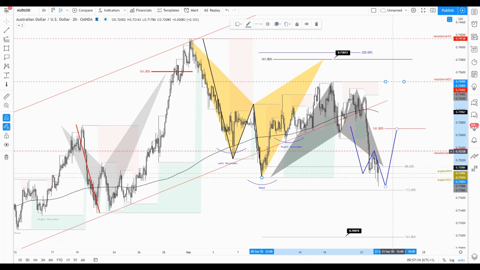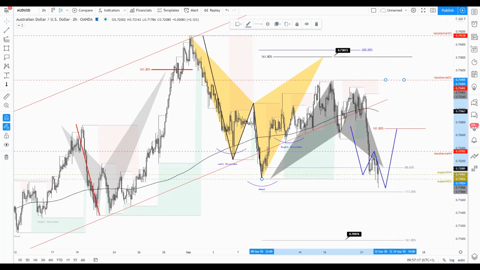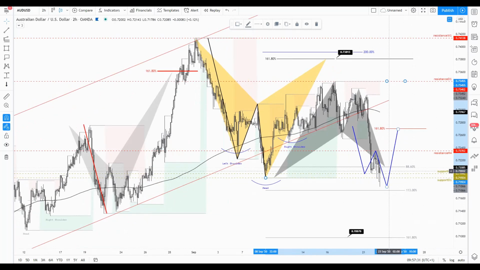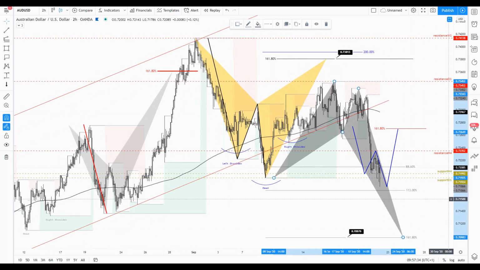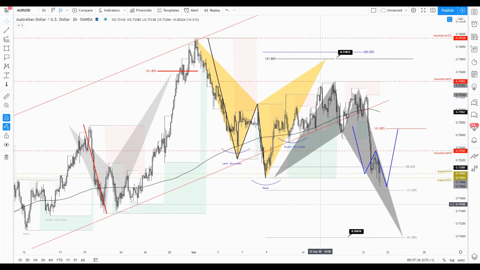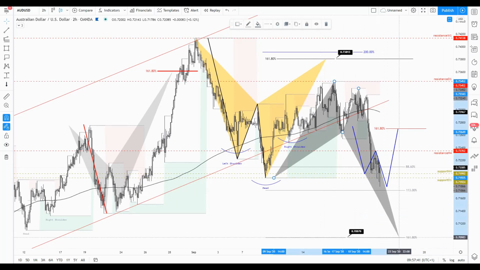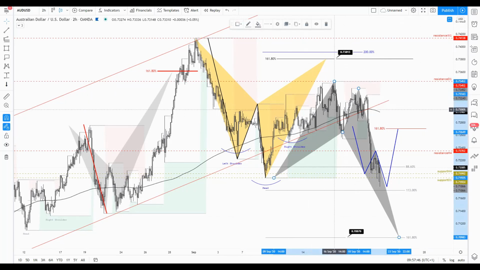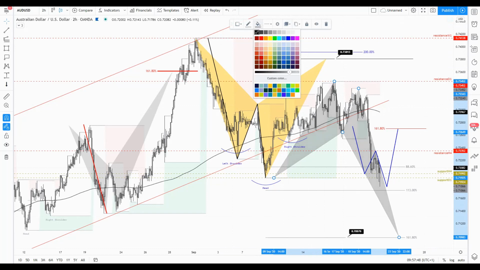Obviously, that will depend on the risk reward that the pattern offers you, but if possible, we need to adjust our stops below that 113% Fibonacci extension, because it may act as a false breakout below, and then a bounce should happen after that. So again, crab pattern projected below. If the price decides to fail support at this price zone, we may see the Australian dollar, Aussie, trading even lower from this price zone. Let's wait and see.